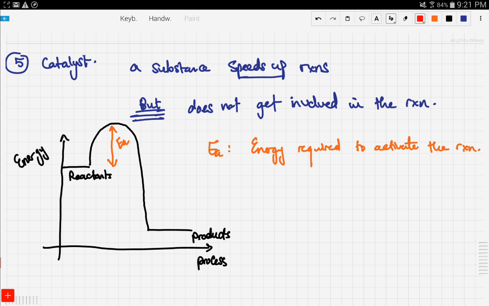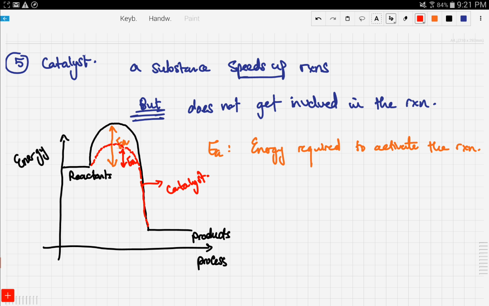So what the catalyst does is it provides an alternative pathway where the activation energy is lowered. So this red path is the catalyst pathway. It provides a lower activation energy. So therefore we save energy.